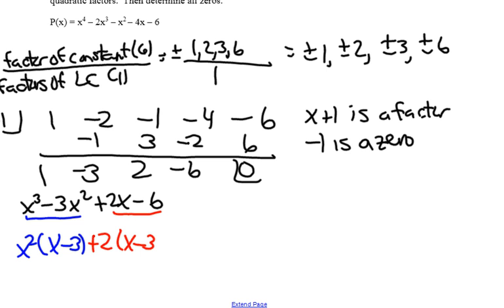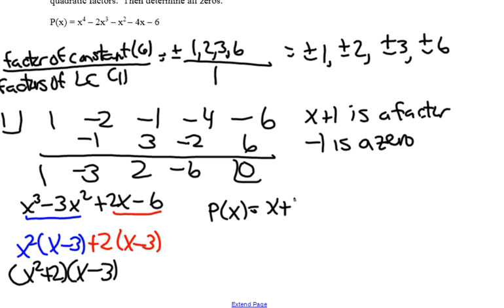I'm left with x minus 3. Now that's nice. That means I can put this together as x squared plus 2 times x minus 3. So p of x can be written as x plus 1, x minus 3, and then x squared plus 2.